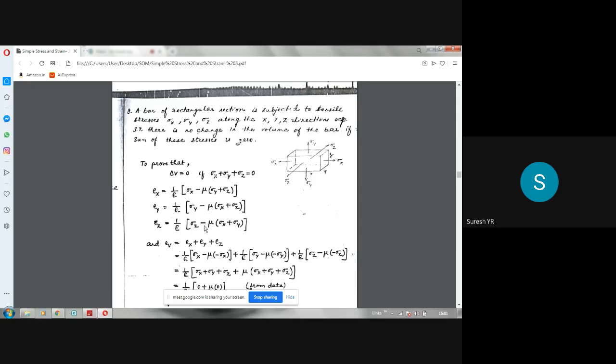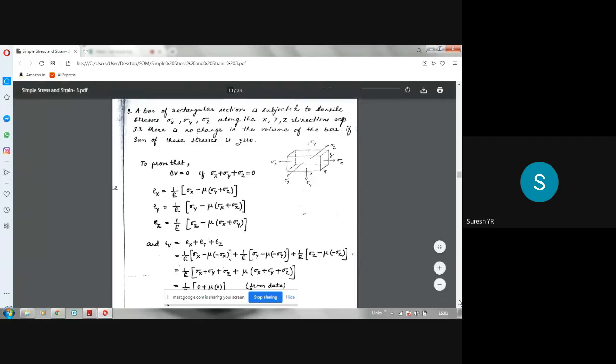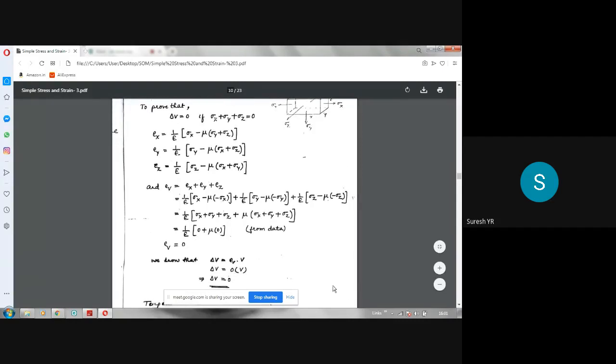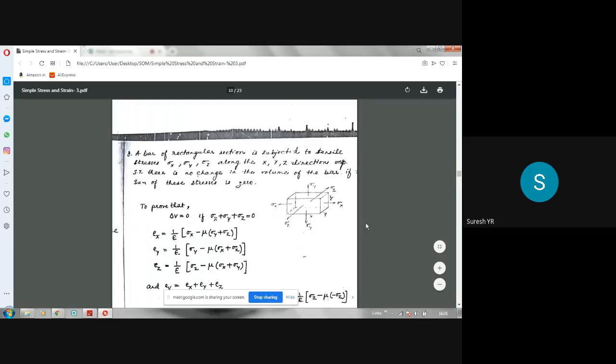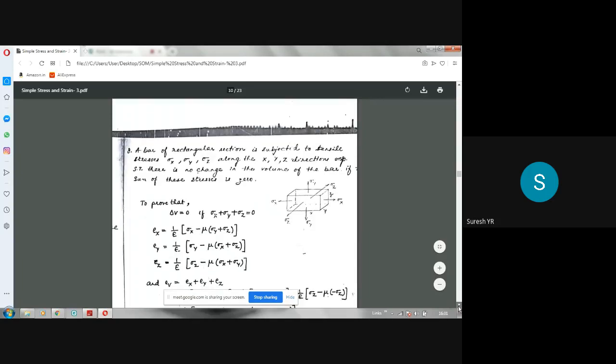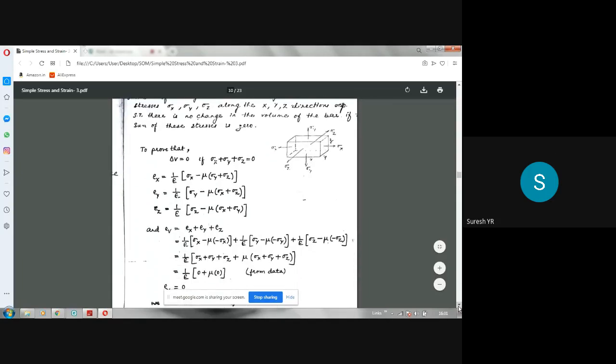You just add all the three, try to get the common term. Common term here is sigma x plus sigma y plus sigma z. So that is the common term. So for that you can put it as 0. So what happens? This is what he has given: EV will be 0 if sigma x plus sigma y plus sigma z is 0.